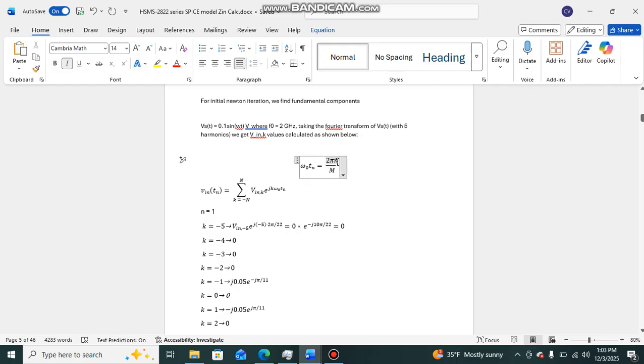The small n is the sample, and m is the number of samples, which is 22.